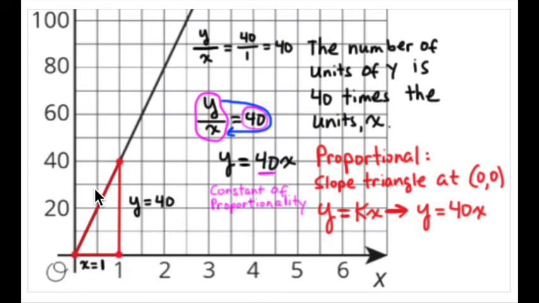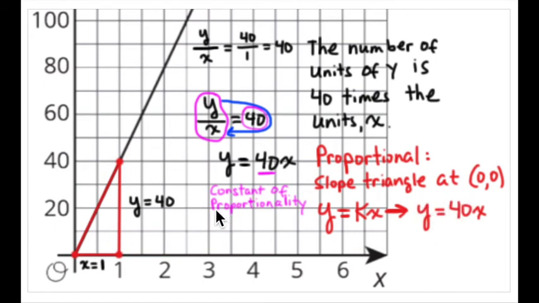That's a proportional relationship. So y is equal to 40 times the value of x. And that's called the constant of proportionality. y equals kx. So the equation is y equals 40x.